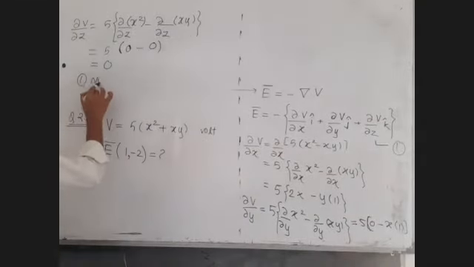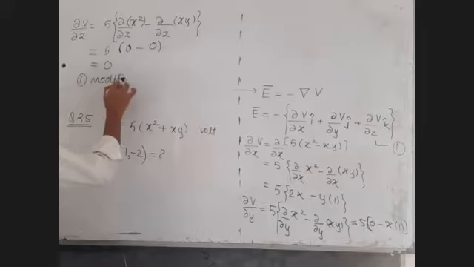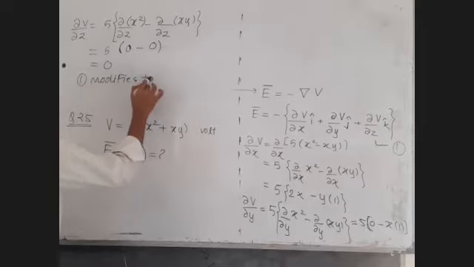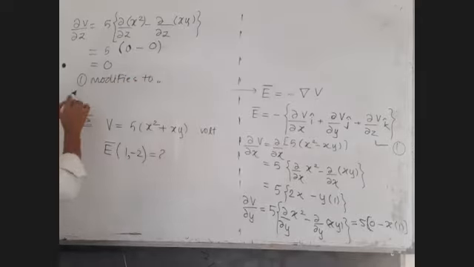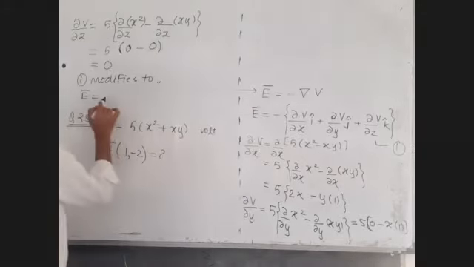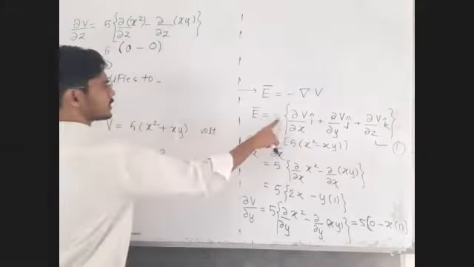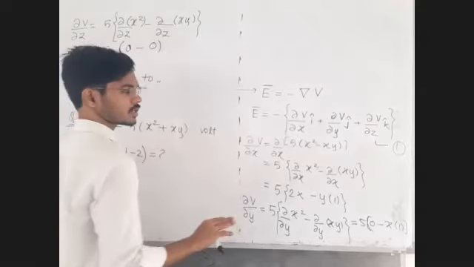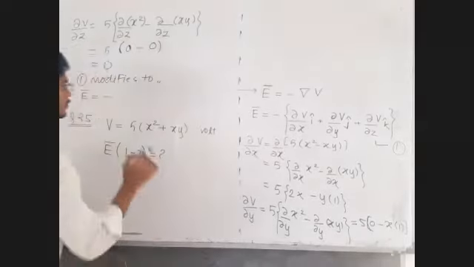Equation 1 modifies to E bar is equal to this minus sign. You should not forget this minus sign, most of the students forget it and they get the wrong answer, and that wrong answer is always present in the options.